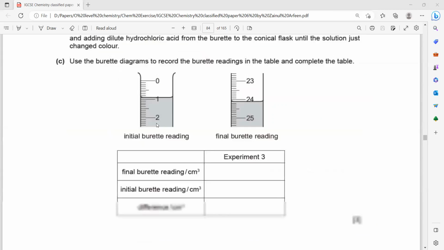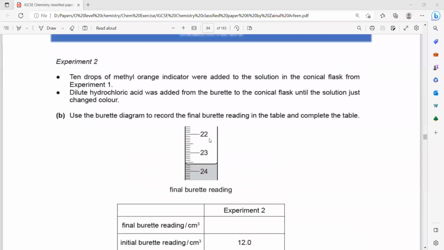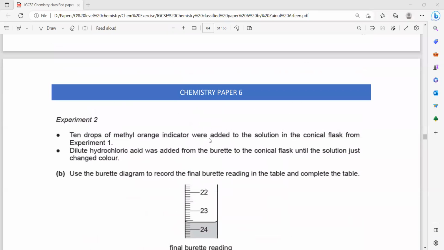If you check the third experiment, here they did not mention what amount or quantity of methyl orange is added. So experiment one was repeated using methyl orange indicator instead of thymolphthalein indicator, with dilute hydrochloric acid. Why are the results different? The result depends on the type of indicator as well as the amount of indicator used.